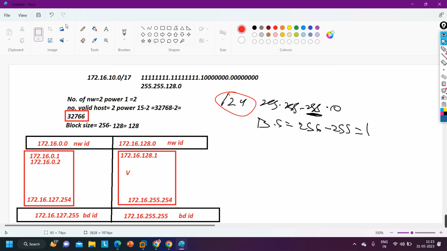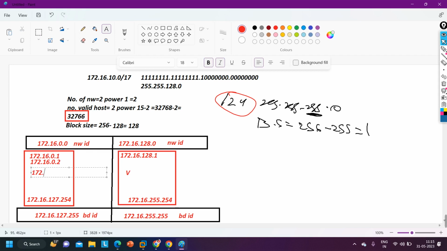After some time the IP address will be 172.16.1.255, after that 172.16.2.255, and so on, until it comes here, 172.16.127.253. Getting my point?